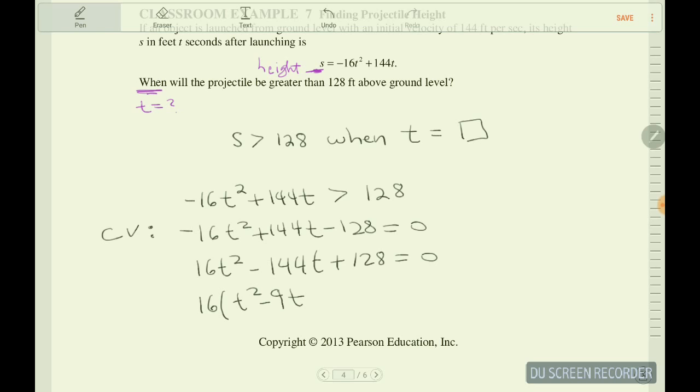And then 128 divided by 16. Then if I divide 16 on both sides, this still becomes 0. So now I can work with t squared minus 9t plus 8, which is much easier to factor.